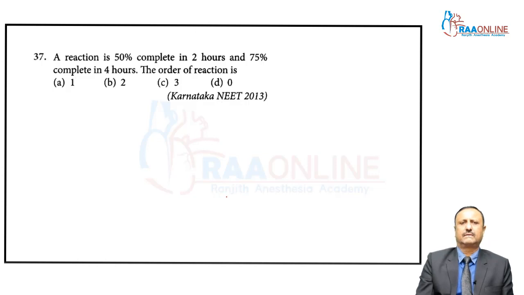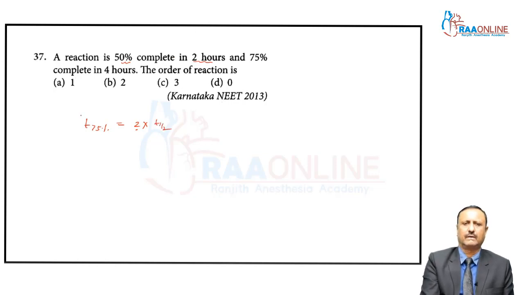Here you can see question 37. A reaction is 50% complete in 2 hours, which means the half-life period is 2 hours for this reaction. Now, my dear students, when this is the half-life period, you can see another formula: T 75% equals 2 into T half.